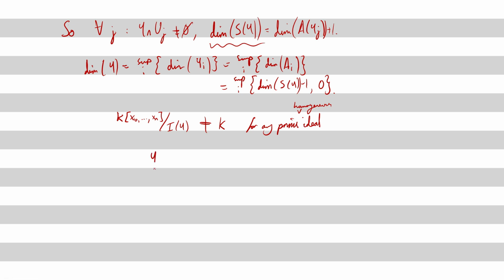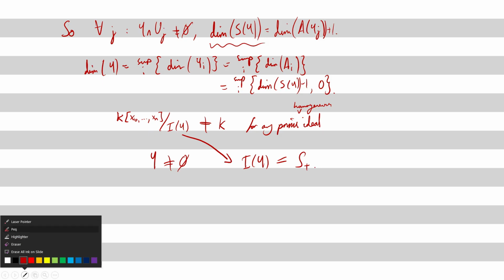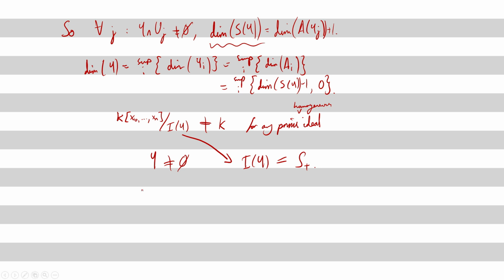Y is non-empty, but this would imply that I(Y) were equal to the ideal generated by, well, this would imply that I(Y) was the irrelevant ideal. Therefore, this cannot be 0, and the dimension of S(Y) must be at least 1.